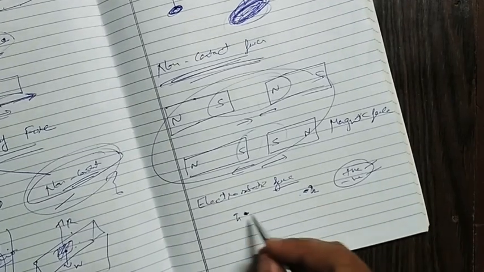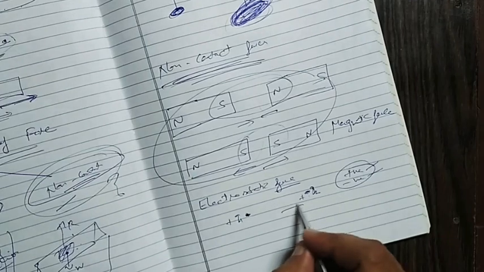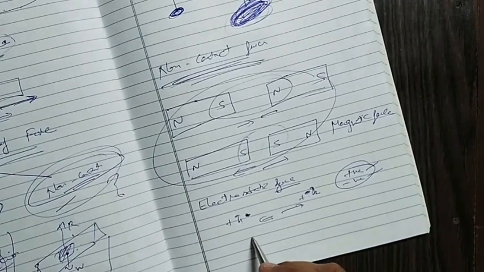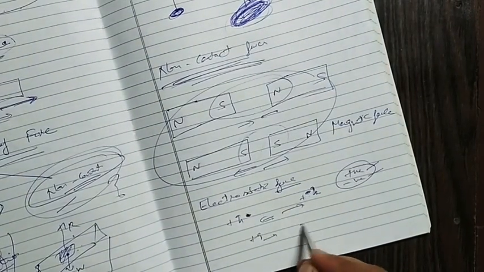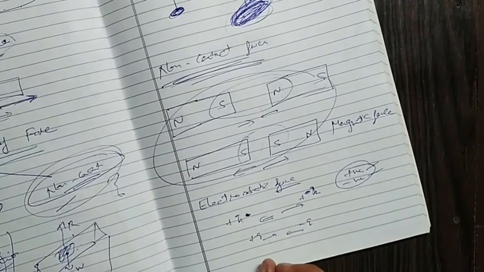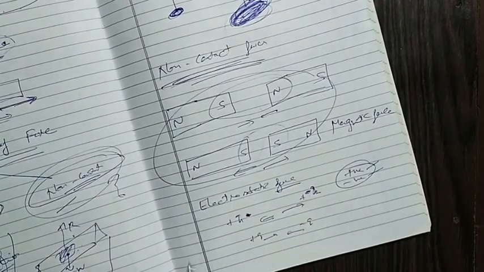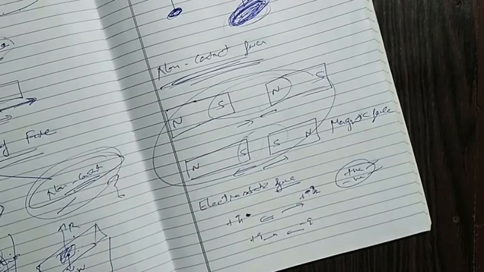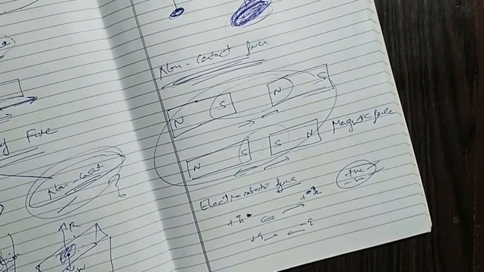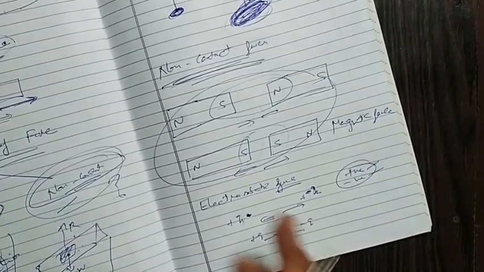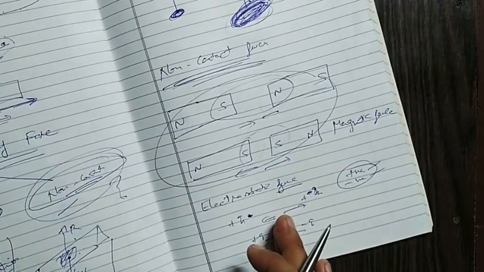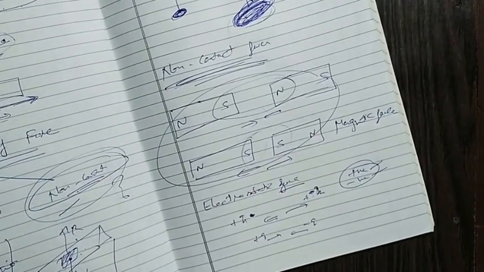When we bring two charges of the same nature close, they repel, and when we bring two charges of opposite nature close, they attract each other. Here we do not require a physical contact between the charges, and the force takes place. Hence the magnetic and electrostatic forces are non-contact forces.